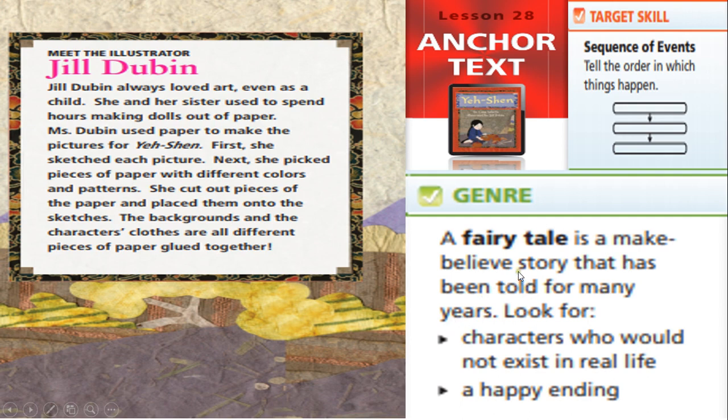How is it told for many years? It is passed on from one generation to another. For example, the grandma tells her daughter, the daughter becomes an adult and becomes a mother, then she tells her granddaughter. This is how stories are passed on from one generation to another.